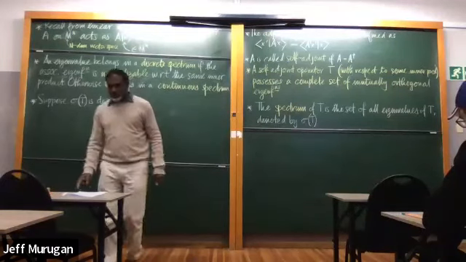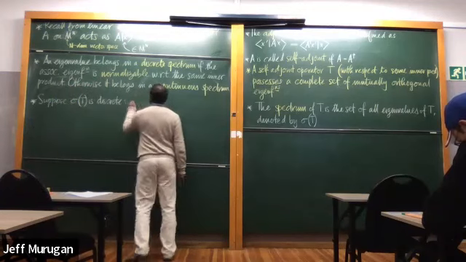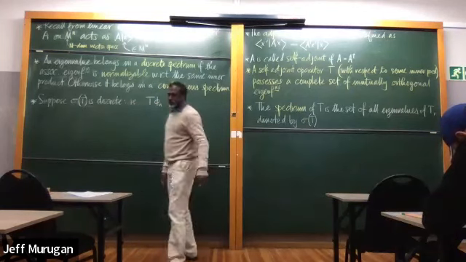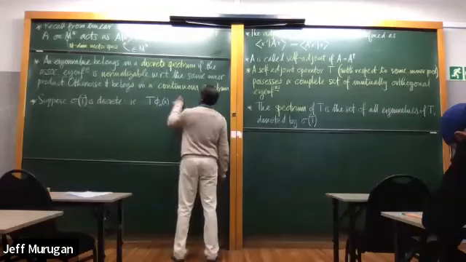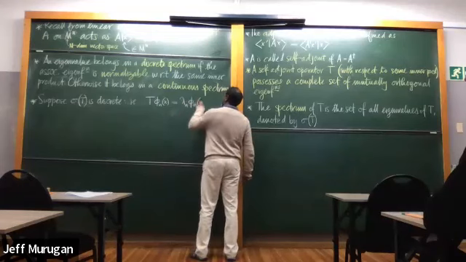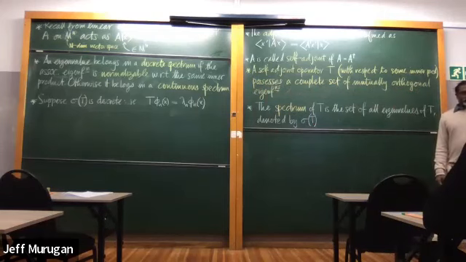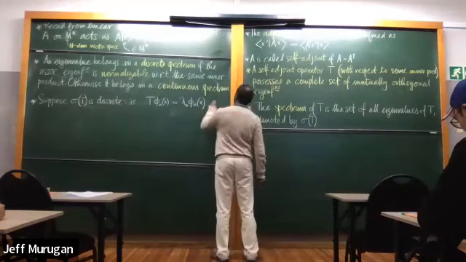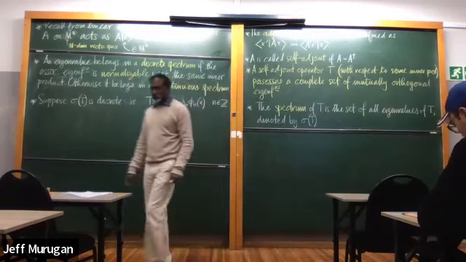What this means is that I can find some set of functions phi_n of x such that T acting on phi_n of x is lambda_n phi_n of x. This is what it means for phi_n to be an eigenfunction and the lambda_n to be the corresponding eigenvalues. So we'll assume that these n's are some set of integers.